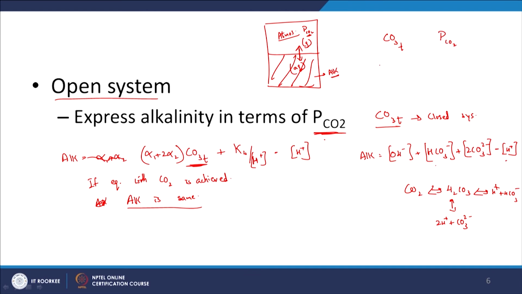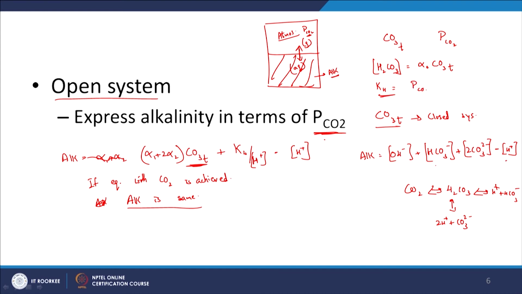In this case we looked at one particular aspect earlier. We talked about H2CO3, and that in terms of CO3 total it was alpha naught into CO3 total, right? And then we talked about Henry's constant Kh, and tried to solve for it. Henry's constant, what will that give me an idea about?